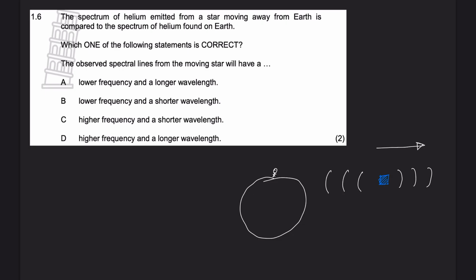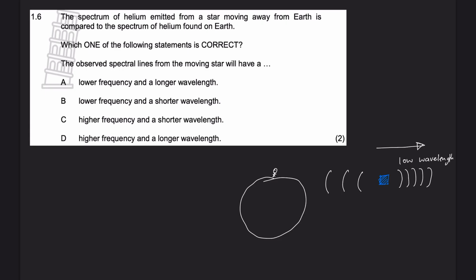Now, what happens is, as this helium moves to the right, it's going to squash or compress the wavelengths of EM radiation that it's encountering as it's moving forward. So here you're going to find a region of low wavelength, in front of it.